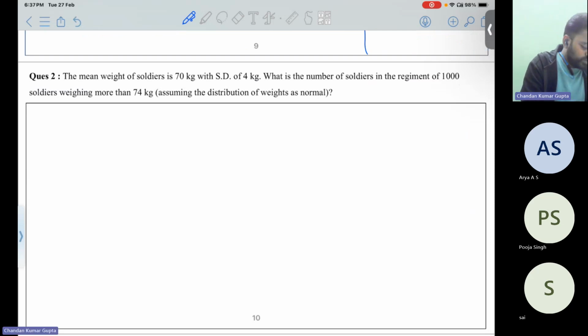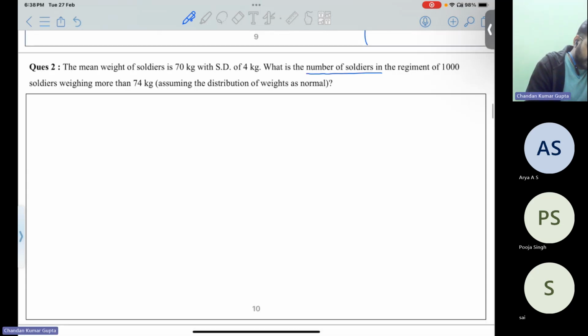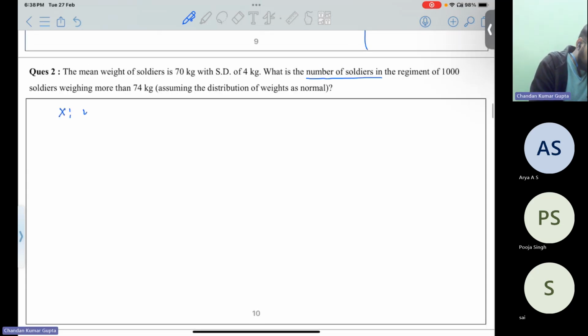Now question number 2. The mean weight of soldiers is 70 kg with a standard deviation of 4 kg. We need to calculate the number of soldiers in a regiment of 1000 soldiers weighing more than 74 kg. Let X be our random variable, defined as the weights of soldiers.